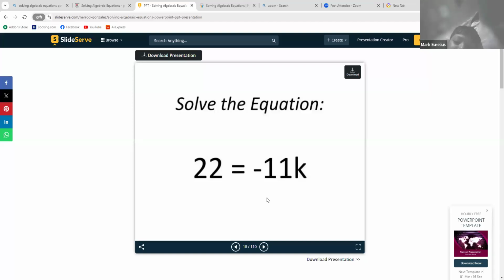It is not 1,000. K here is a variable. Take note, K here is a variable. The K is the variable, not the 1,000. Yes. So somebody got it right.